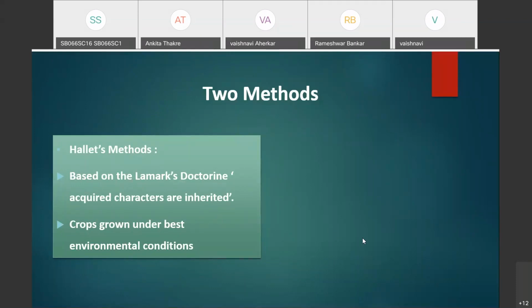In this method, the crops are grown under the best environmental conditions.